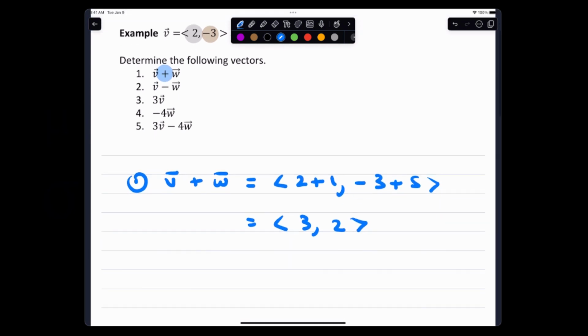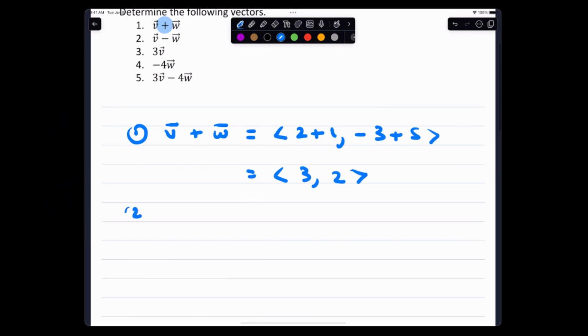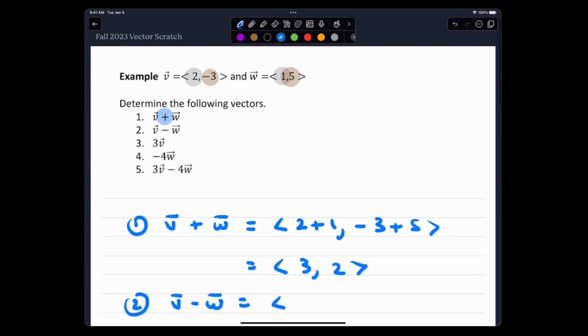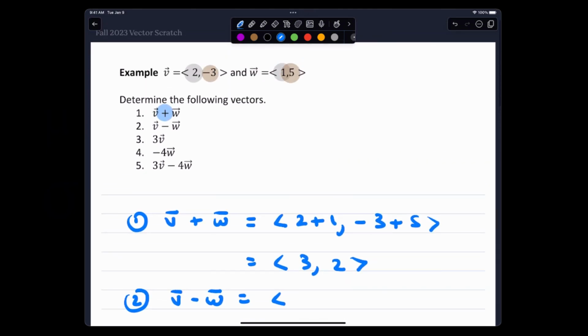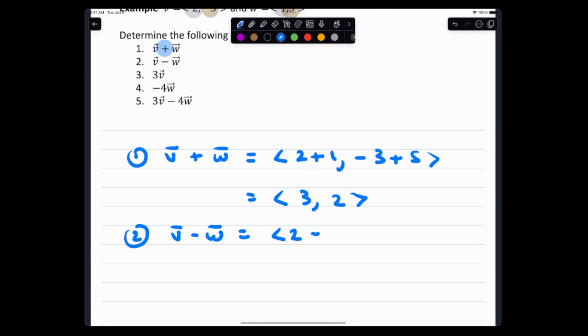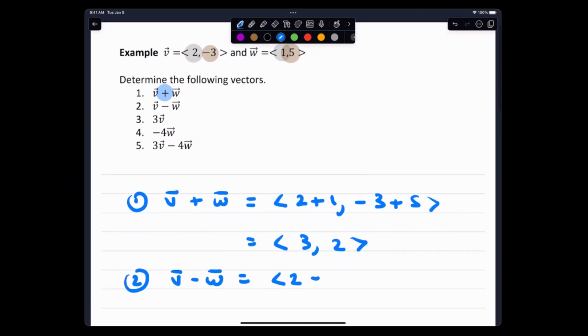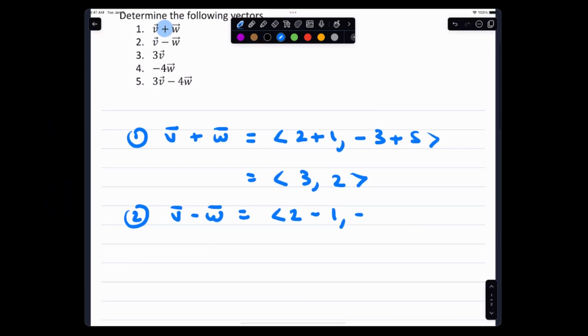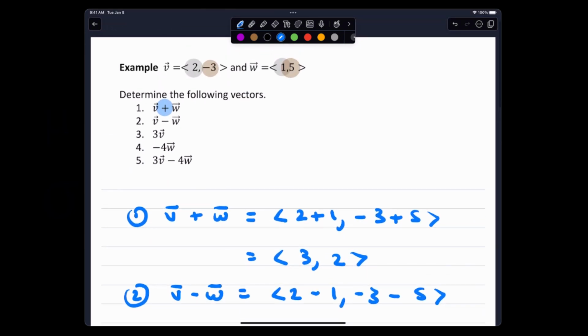All right, now you say, what about the vector subtraction here with components? Well, just do some subtraction now. So you're going to take the first component, which is 2, and then you're going to subtract 1, and then you have negative 3 minus 5, okay? So you're going to compare and contrast. Addition, addition, addition.